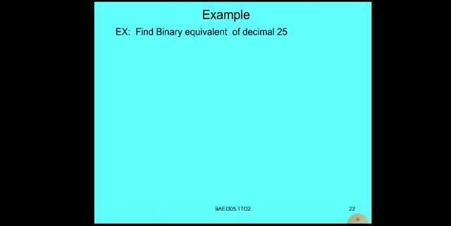Let us take 125. Let us take what is the binary equivalent of decimal number 125. So take the quotient 125 and divide it with 2. You go on doing like this.